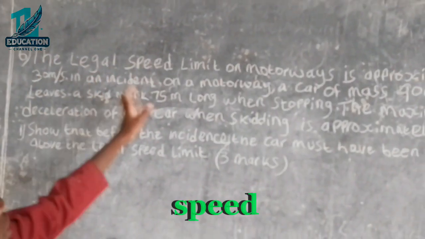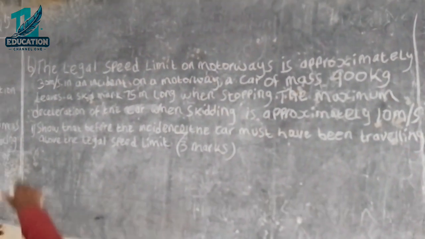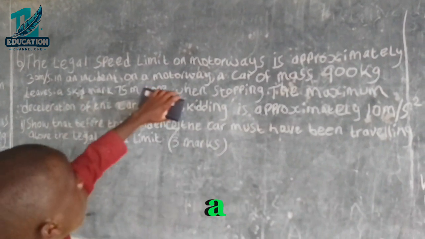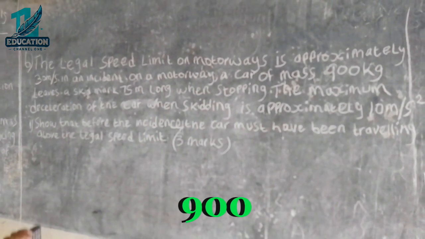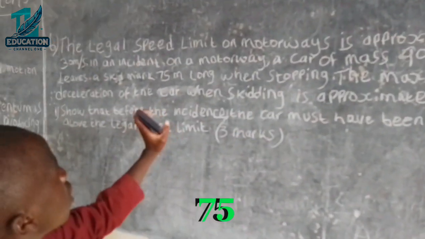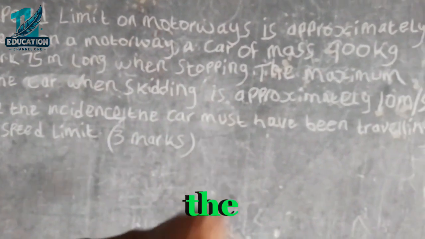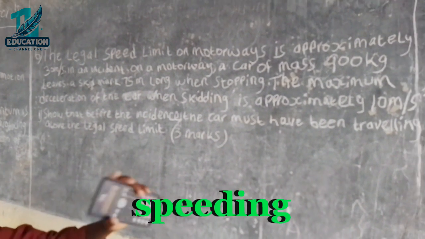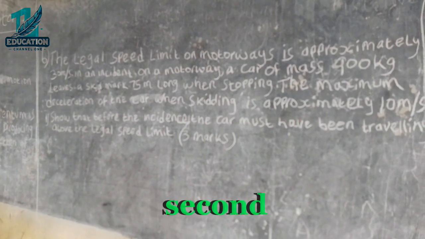The legal speed limit on motorways is approximately 30 meters per second. In an incident on a motorway, a car of mass 900 kgs leaves a skid mark 75 meters long. When stopping, the maximum deceleration of the car when skidding is approximately 10 meters per second squared.